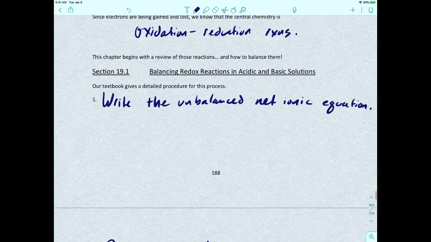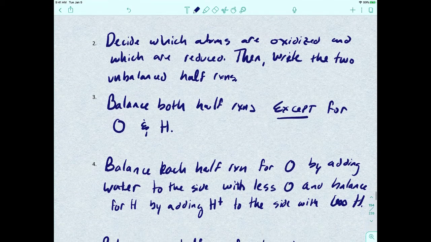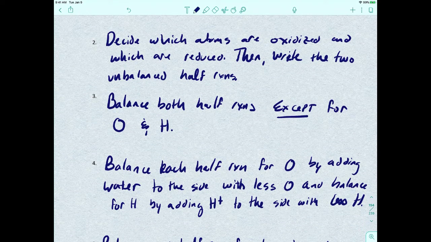All right, so the first step, write the unbalanced net ionic equation. Decide which atoms are oxidized and which ones are reduced, and then write the two unbalanced half reactions. Step 3, balance both half reactions except for oxygen and hydrogen.